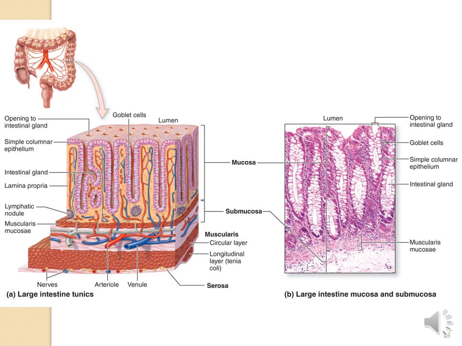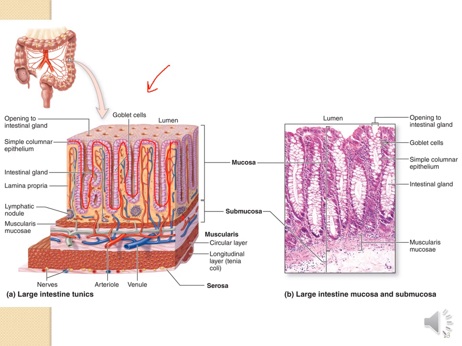So here we have, first of all, the mucosa formed of epithelium. Notice the epithelium passes down into the lamina propria to form the glands. And then we have lamina propria, connective tissue.